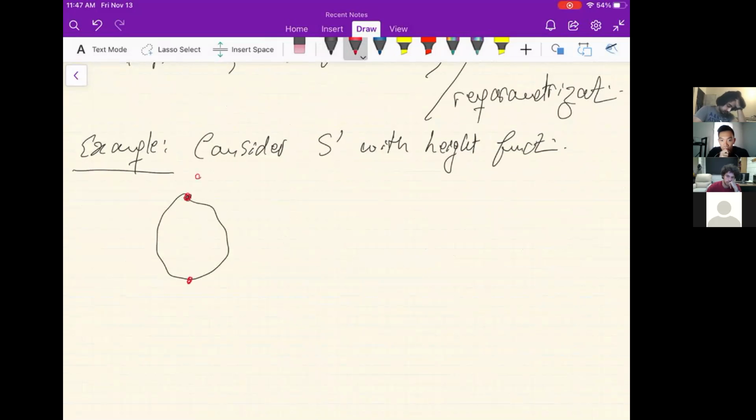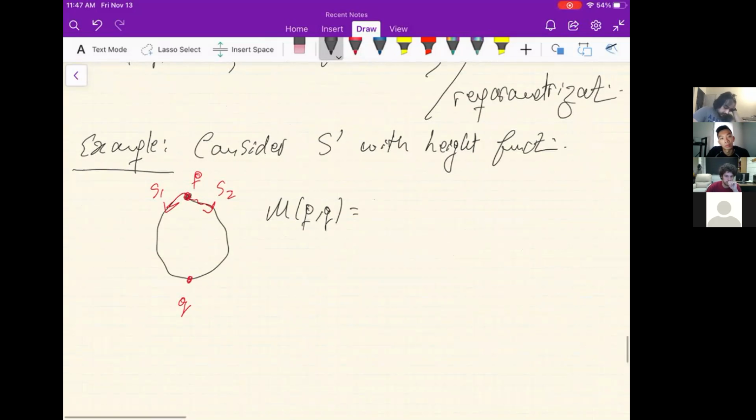Let me stick to notation P and Q. My moduli space of flow lines would be just two elements, this direction and this, say S1 and S2. Since we are doing modulo reparameterization, I will only get two elements for the moduli space of flow lines between P and Q.